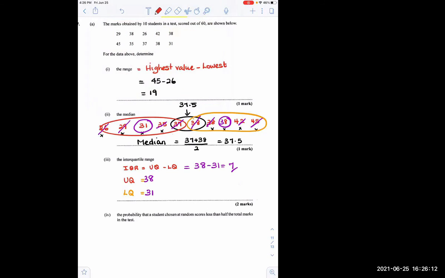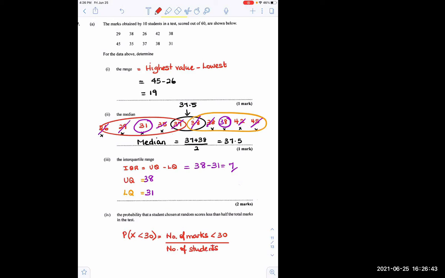The probability that a student chosen at random scores less than half the total marks. So the probability that X is less than 30. So it is the number of marks less than 30 over the number of students.